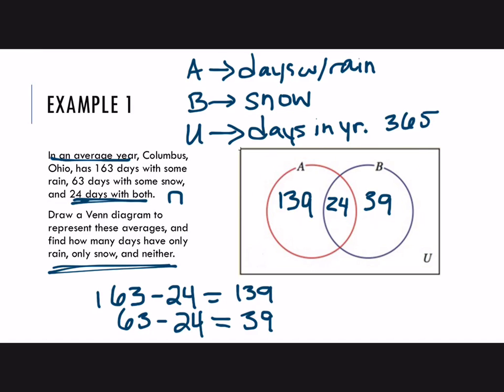So we want to do 365 and then subtract whatever 139 plus 24 plus 39 is. Okay, and that would be, this is 202, so when you subtract, you get 163.